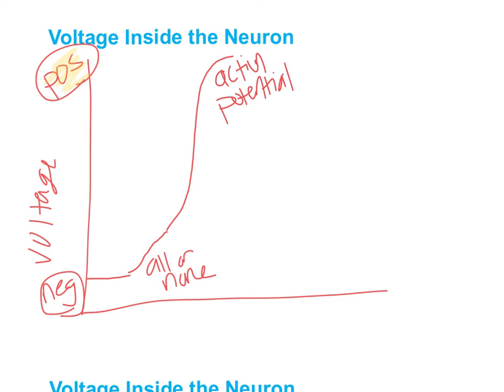After the action potential has been sent, the neuron needs to recover. If not, every neuron would only be used one time and never be able to be used again. So the neuron will then use the sodium-potassium pump to pump those sodiums back out. And as those sodiums are being pumped back out, the voltage is dropping because the positives are leaving the cell.